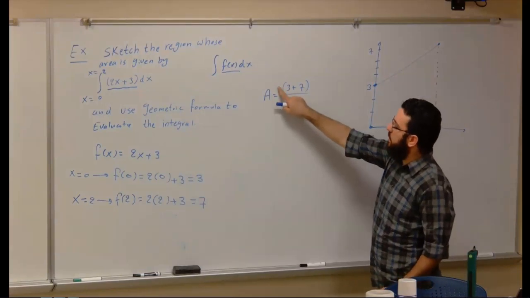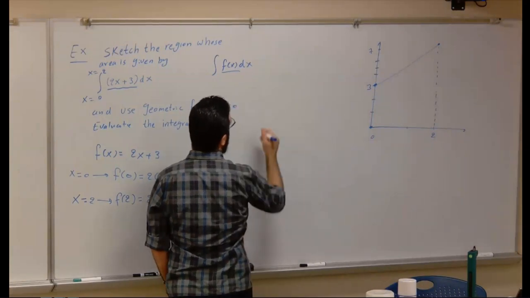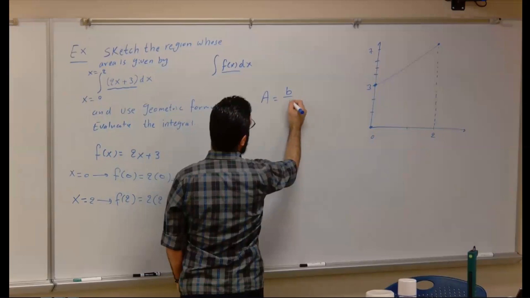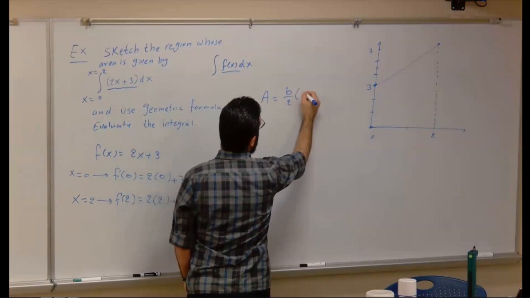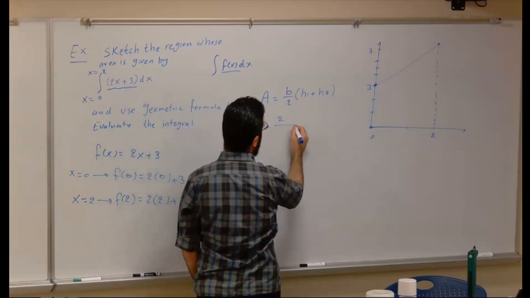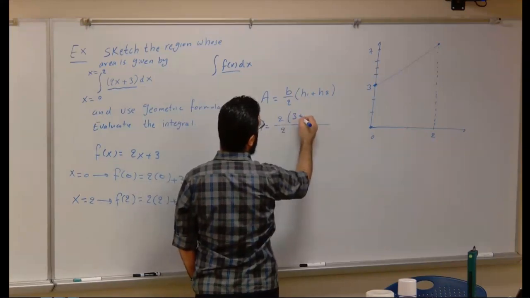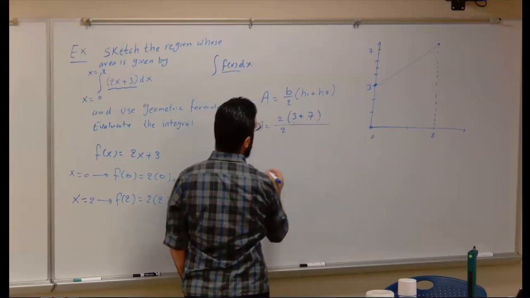A equals base divided by 2 times height 1 plus height 2. The base is 2, divided by 2. And the first height is 3 plus 7. Cancel these, so the area is going to be 10.